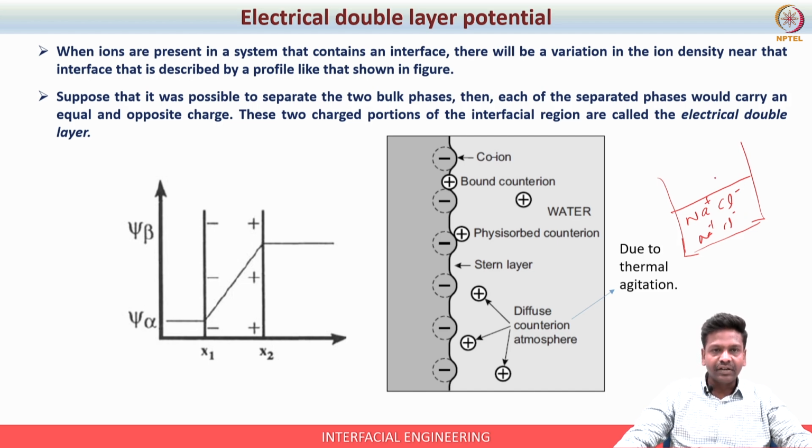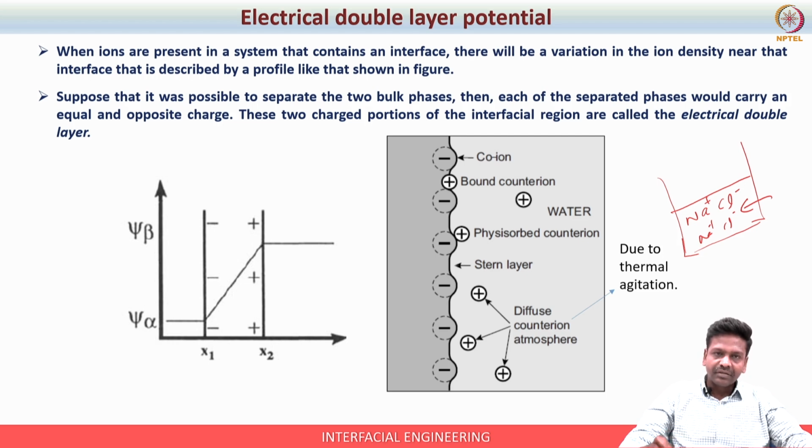The entire solution will be distributed with these counterions and coions of the salt. Now the question is, what is the charge of the entire solution? That will be neutral, because Na and Cl will be distributed in such a way that the electroneutrality condition is achieved, which means that the charge of the solution will always be neutral.